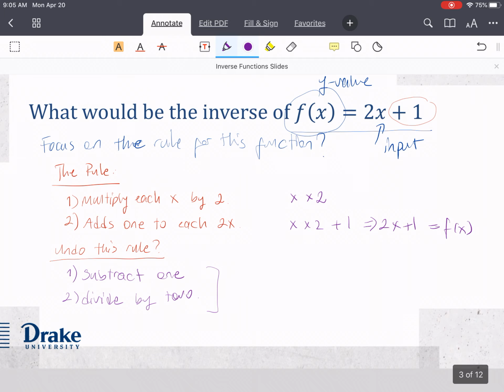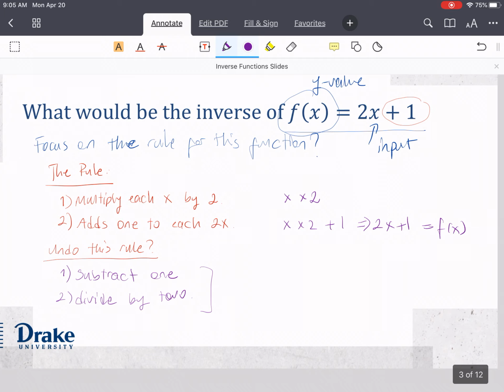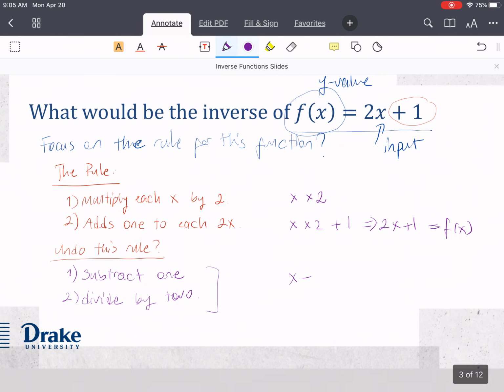Here I'm gonna undo this, so I'm gonna subtract 1, so x minus 1, okay? And then I'm gonna divide the whole thing by 2. And you realize this produces a different type of function, which is equal to g of x. And that g is exactly the inverse of f.